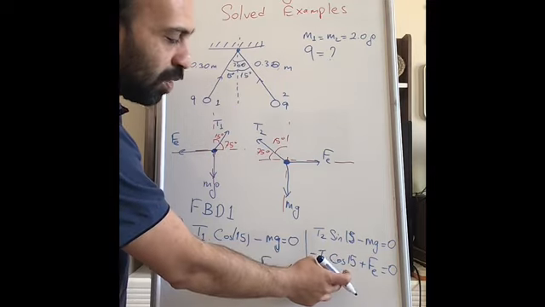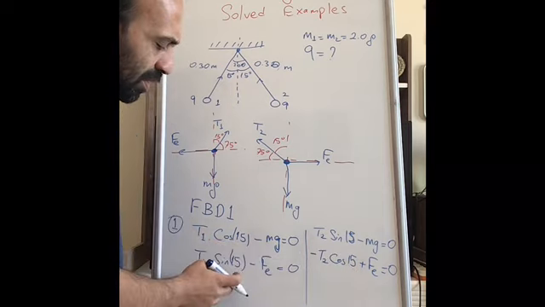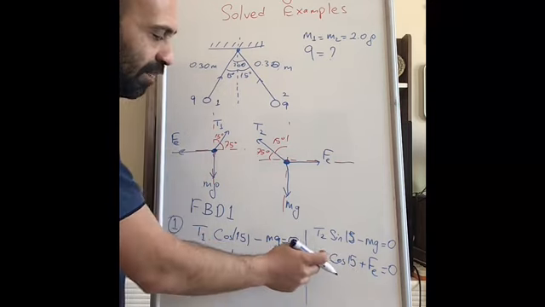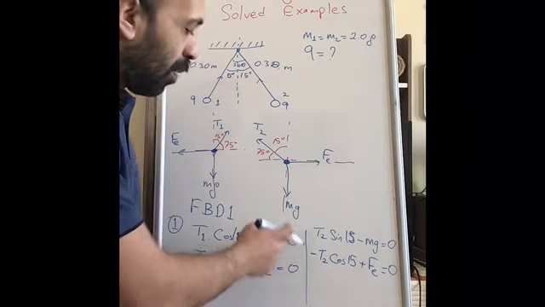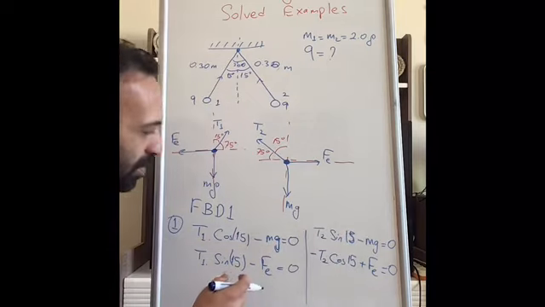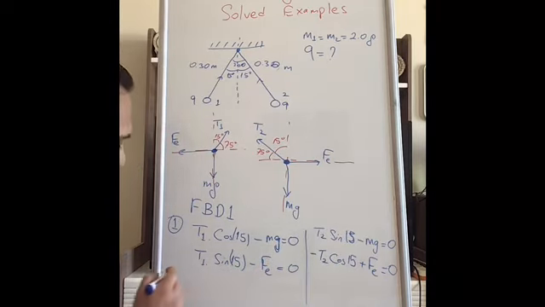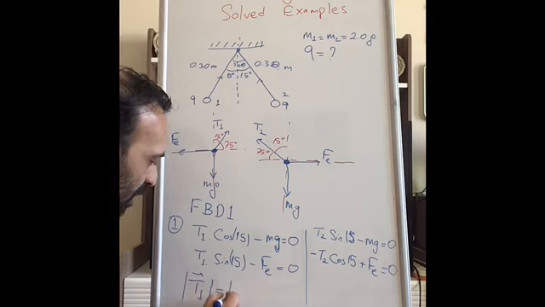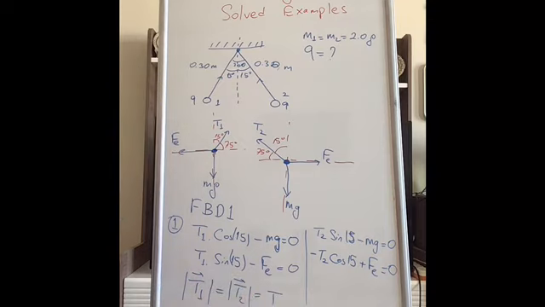And the second equation, except for the signs, is identical to the second equation of the first free body diagram. The only difference is T1 and T2, but both equal 0. So to satisfy all these equations simultaneously, the magnitude of T1 should be equal to the magnitude of T2. Afterward, I'm going to call it only T.